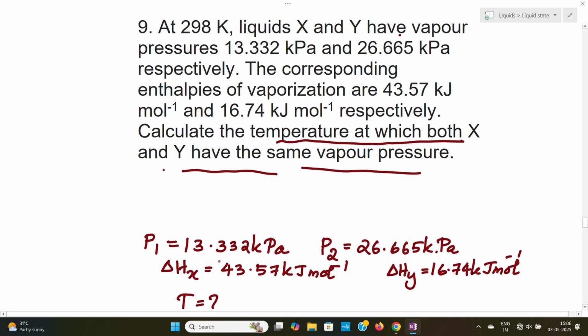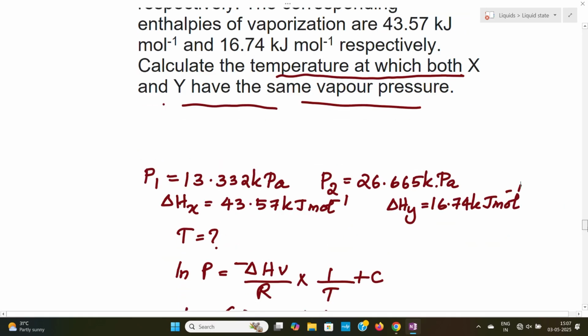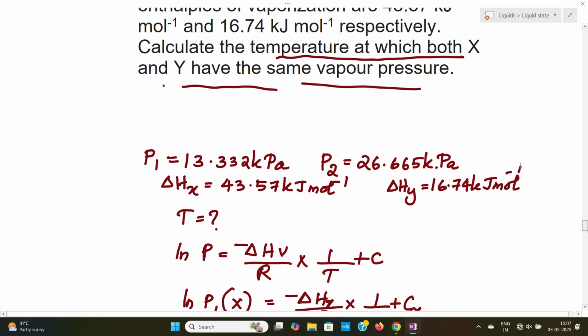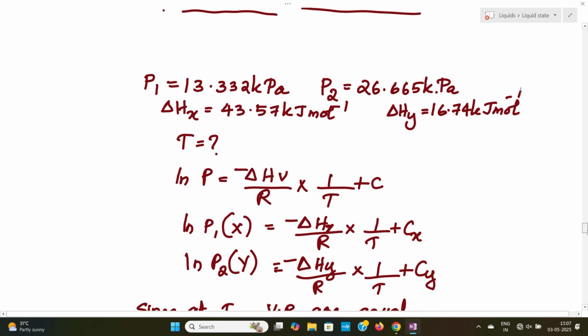So, the heat of vaporization of X is given as 43.57 kilojoule per mole and the heat of vaporization of Y is given as 16.74 kilojoule per mole. And we have to find out the temperature at which both the X and Y have the same vapor pressure.